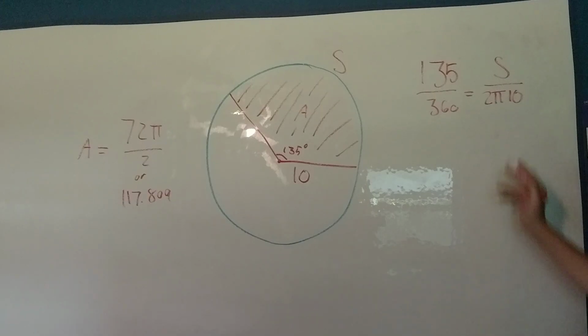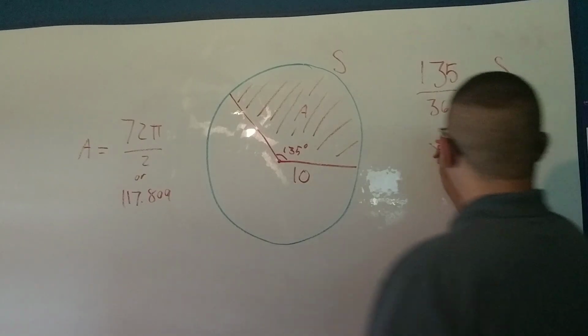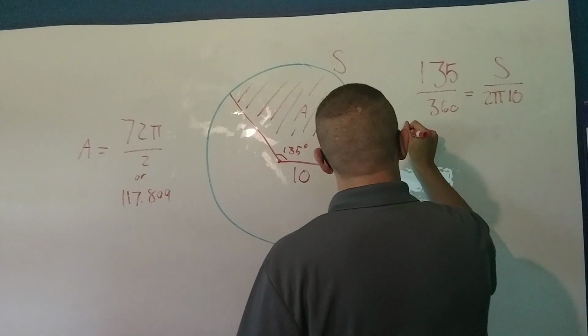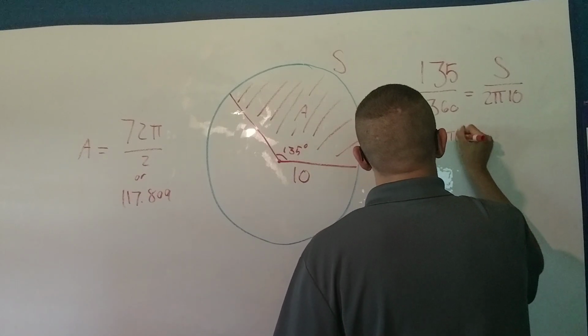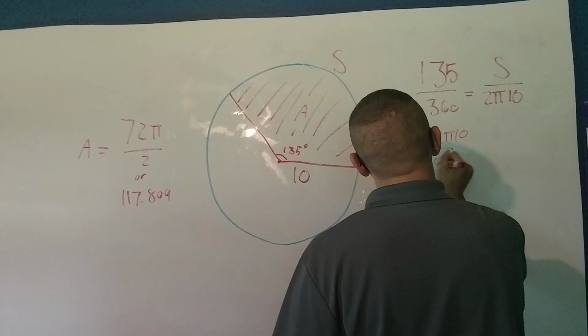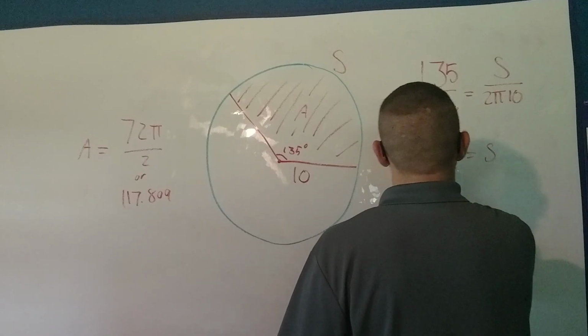And then we just bring this over, right? So we do 135 times 2 pi 10 over 360 equals S.